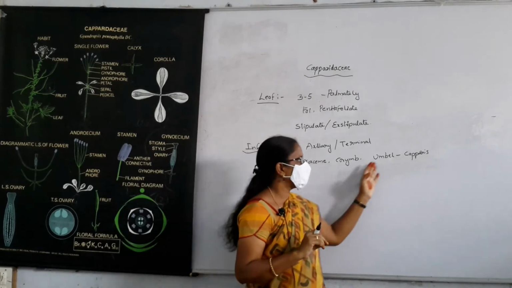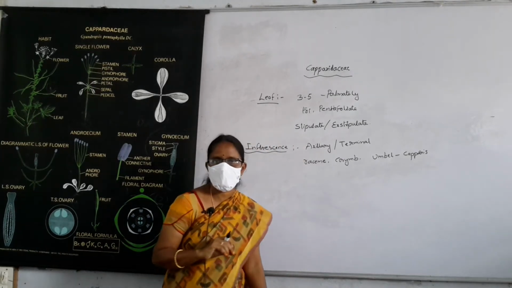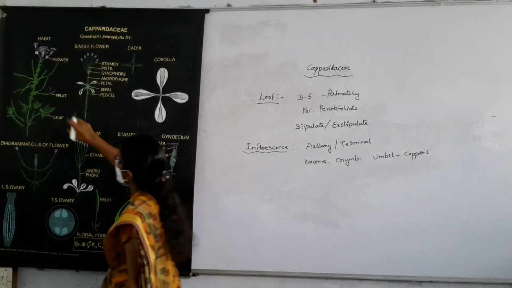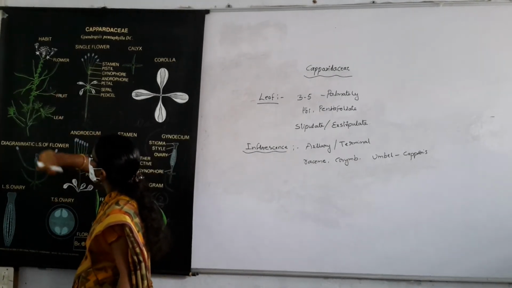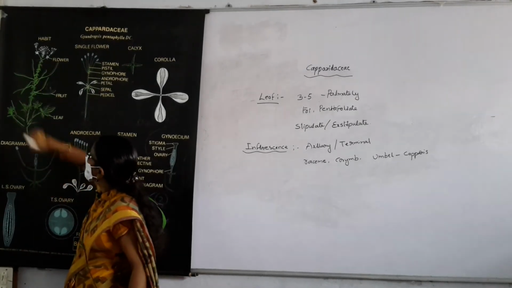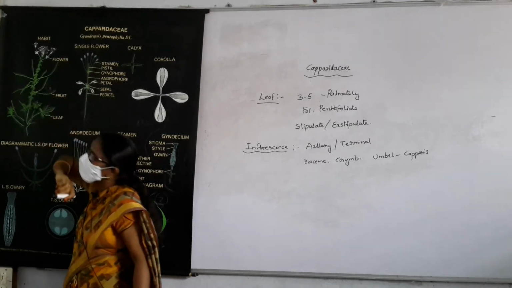Umbel inflorescence is also present in the Capparidaceae family, like this one. For example, this is one, and this is one. Normally this is the axillary inflorescence, from the axils of the leaves.